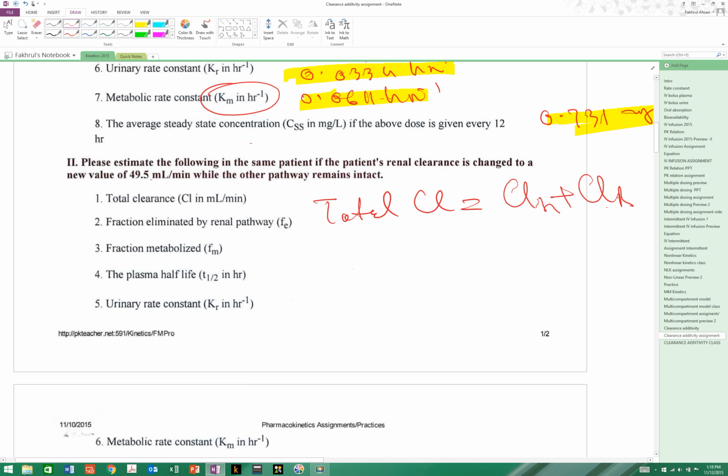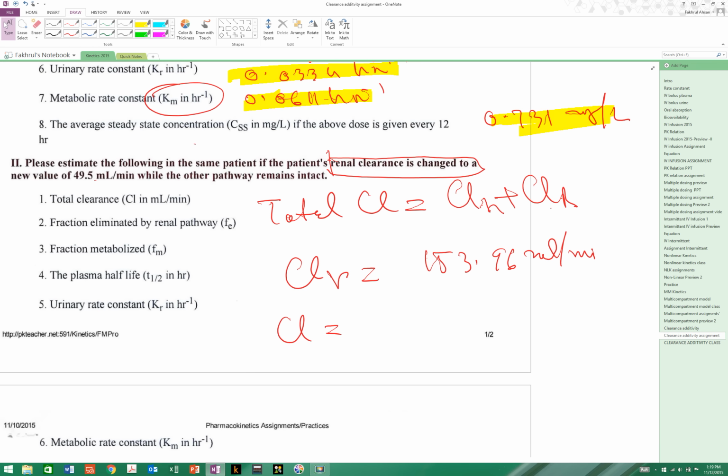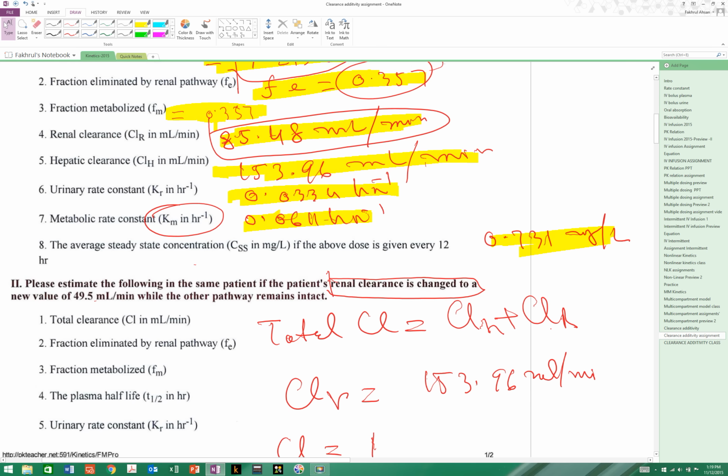From the previous part we know the CLR was 153.96 milliliter per minute. One thing, the renal clearance has changed. So how is the total clearance going to change? Let's see if I'm doing everything. Yes, this was the hepatic clearance.